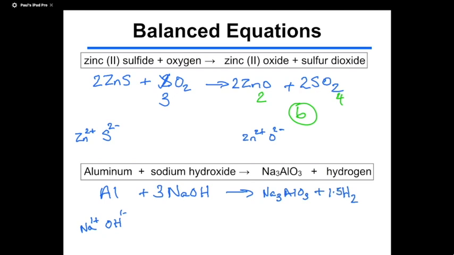Okay? All right. That is not true. Okay? It is not true because I can never get 1/2 of a hydrogen. But what can I multiply that by to get it whole? I can multiply it by 2, and I can get 3.